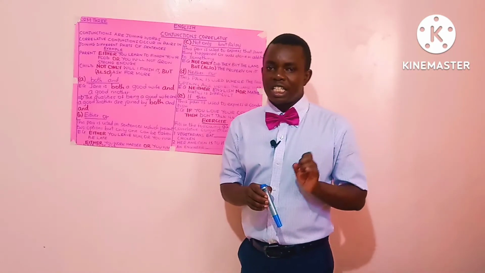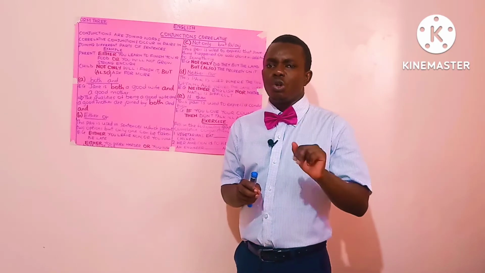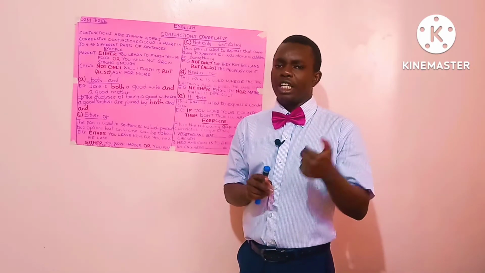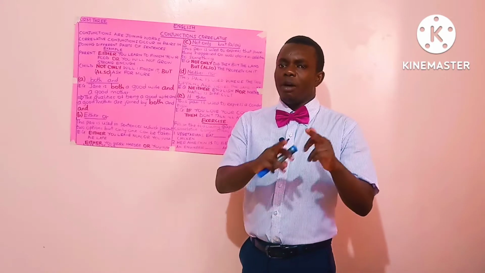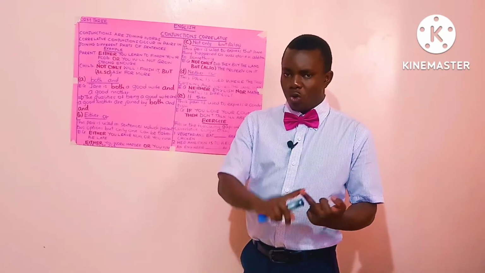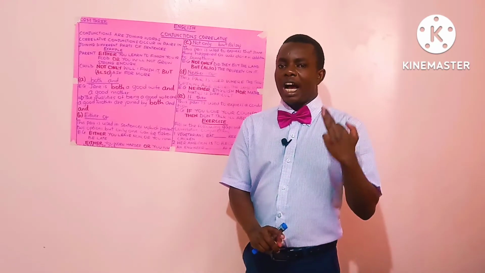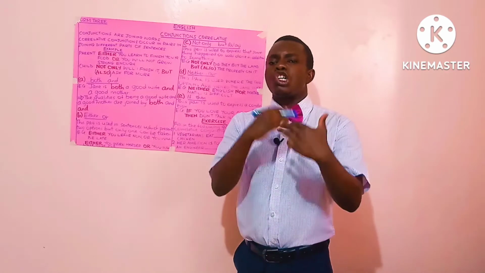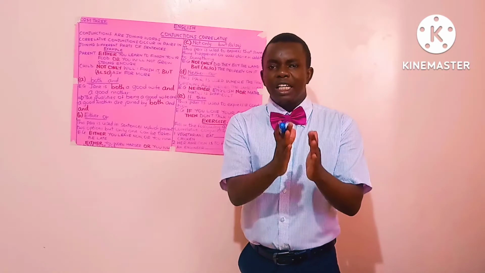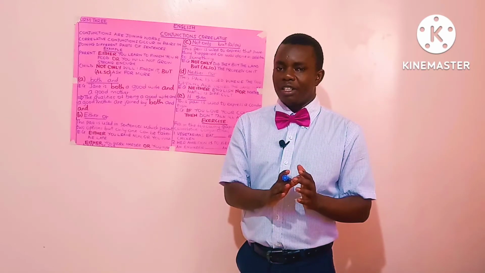So this sentence has two roles of Jane. Number one, Jane is a good wife. Number two, Jane is a good mother. So on top of being a good wife, Jane is a good mother.